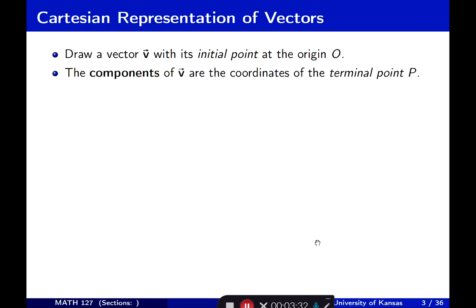So let's talk about Cartesian representations of vectors.